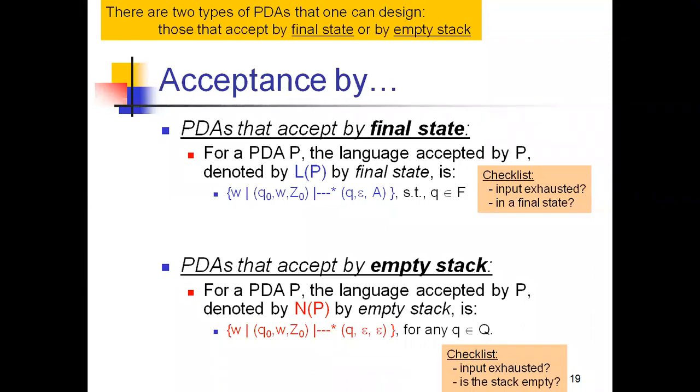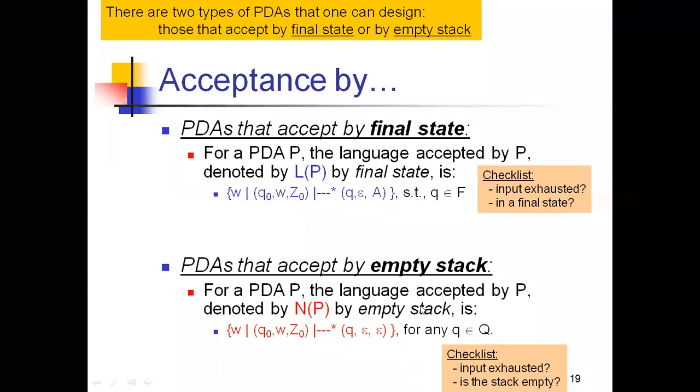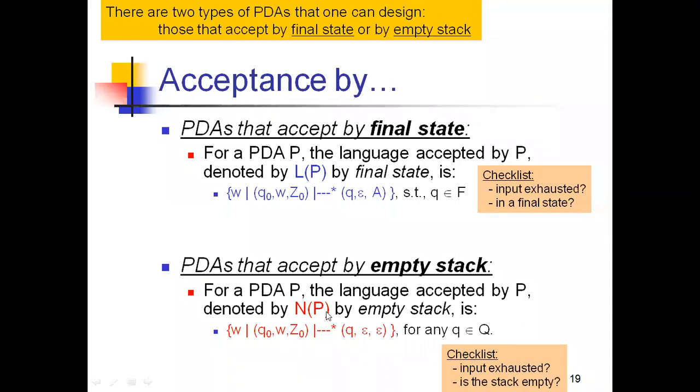And for a PDA P, the language accepted by P denoted by N of P. N of P is nothing but an empty stack. And it should be represented as a string with the state along with an input along with a stack, where it is an instantaneous descriptor.